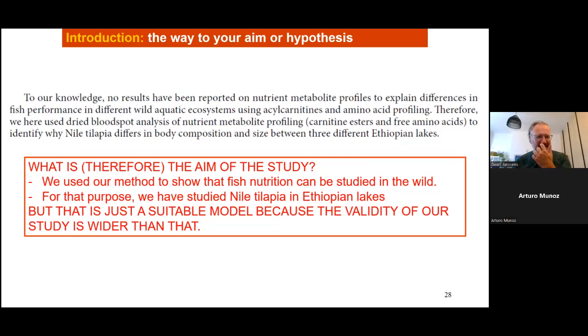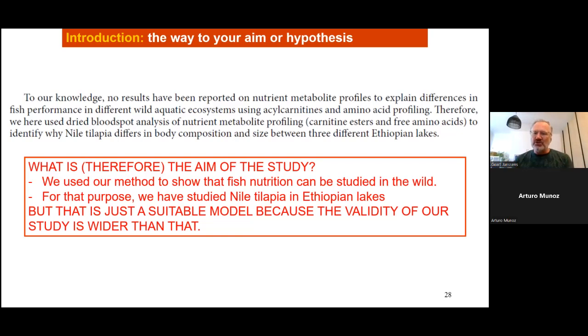And why I put the last sentence in capital letters is because I think that's something very important. We say, okay, we study Nile tilapia in Ethiopian lakes, but that is just a suitable model to validate our study wider than that. Often the problem is that you do a study in a certain condition, and then you say, for instance, we study the population of Hyalela in Lake Titicaca.